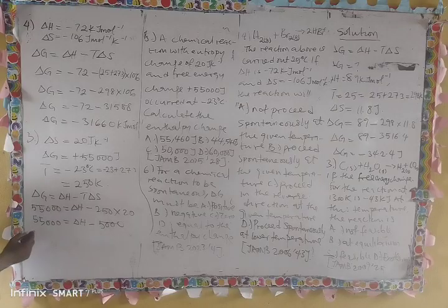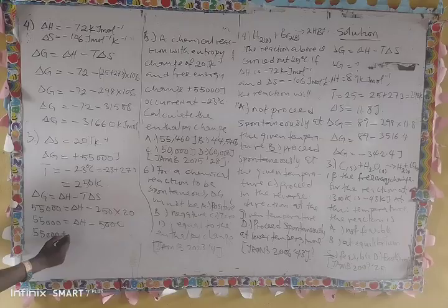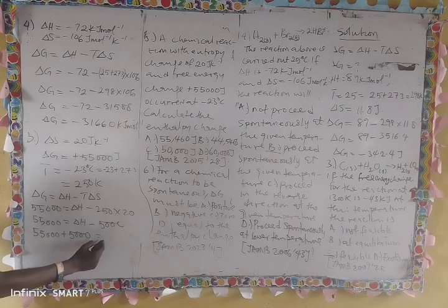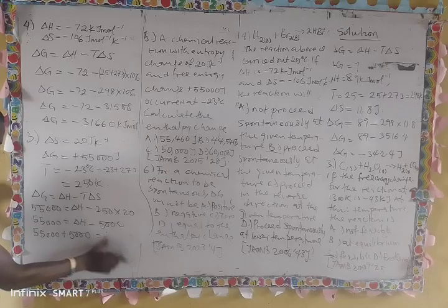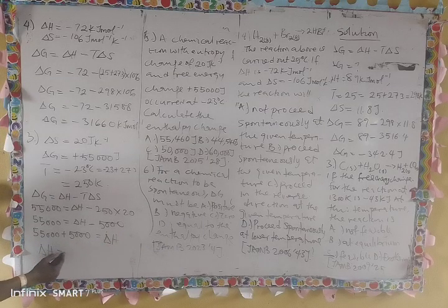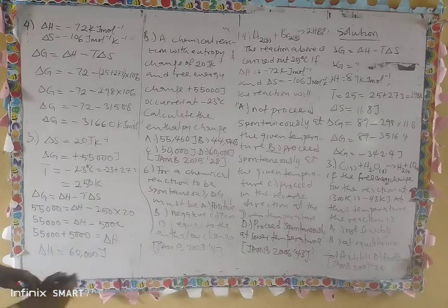Take this one here: 55,000 plus 5,000, the answer is 60,000. So our delta H is 60,000 joules. That's option D.